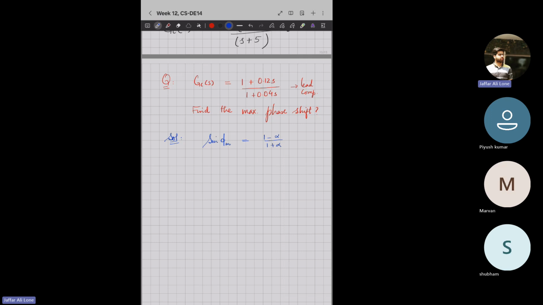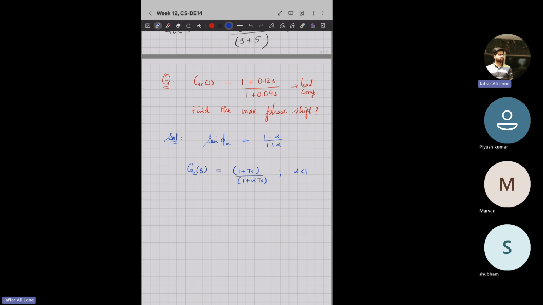Now see, what is the general transfer function of a lead compensator? We wrote that in the beginning, so let me write that. The transfer function of a lead compensator is GC of S equals 1 plus ts divided by 1 plus alpha ts, where alpha is less than 1.